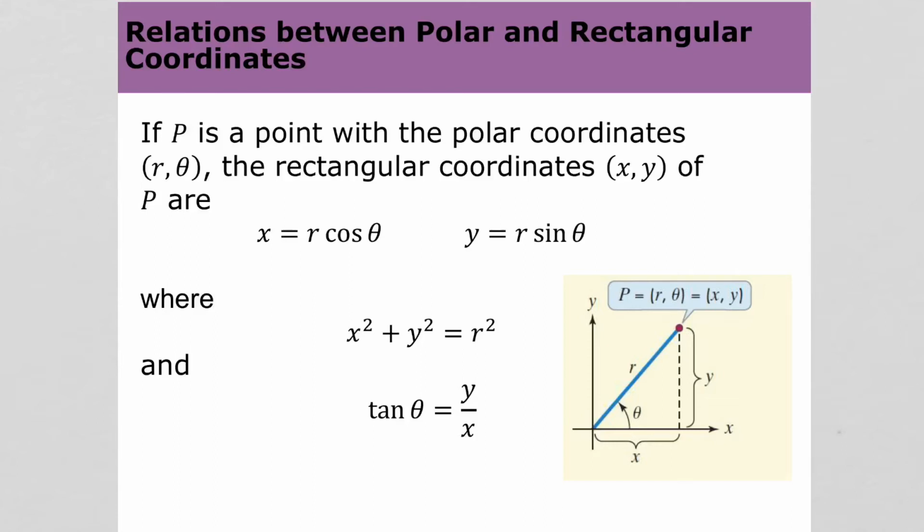Same thing with sine of theta is y over r. So if we take our radius and our angle and plug it in, we'd get y. We still realize that x squared plus y squared equals r squared, Pythagorean theorem. And if you're looking for the angle, it's helpful if you know y over x, then you can find the angle just by using the tangent, y over x. So not really any new formulas there, just using the ones we already know to do something different.